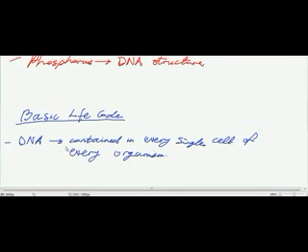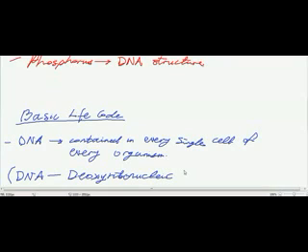What exactly is DNA? DNA is actually an acronym. It is actually a nucleic acid. So what DNA actually stands for is deoxyribonucleic acid.